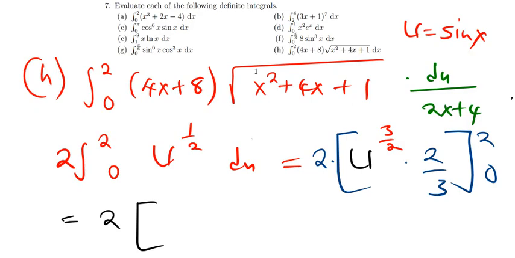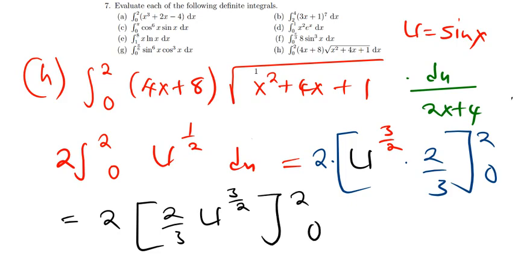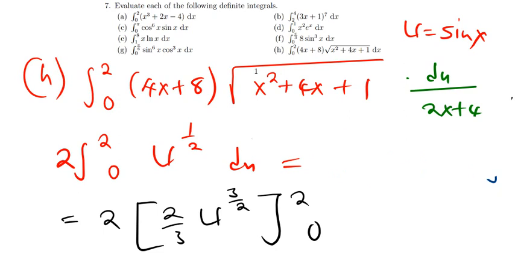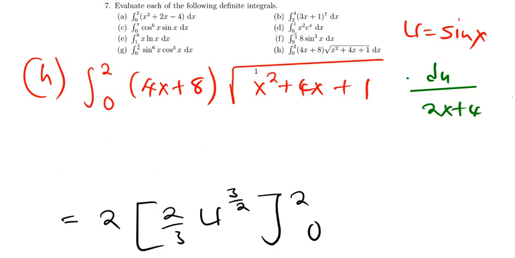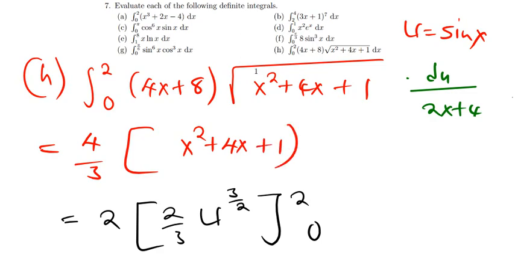We've got 2 and 2 over 3, and then your u is to the power 3 over 2, with 2 and 0. You just substitute. You can put the constants outside, so that you have 4 over 3. Your u now is x squared plus 4x plus 1 raised to the power 3 over 2, then 2 and 0.